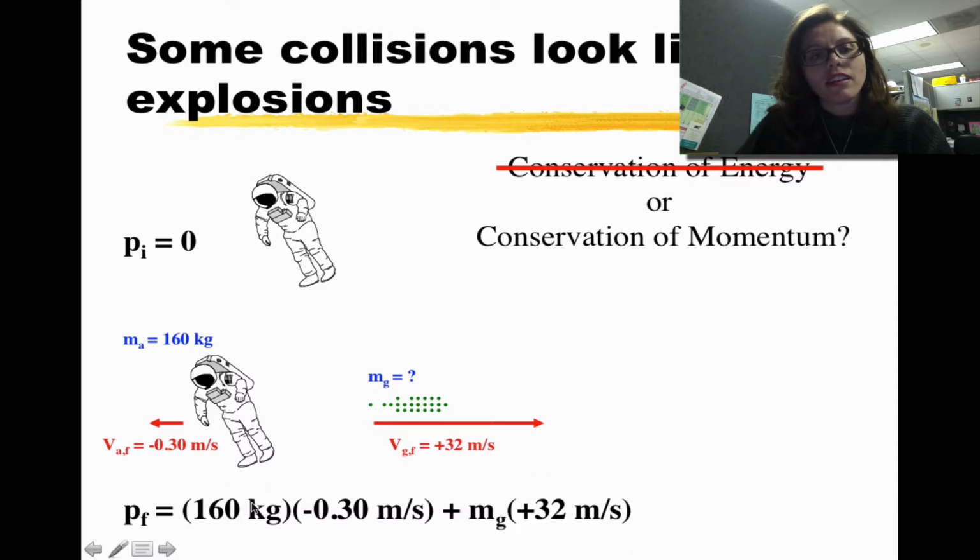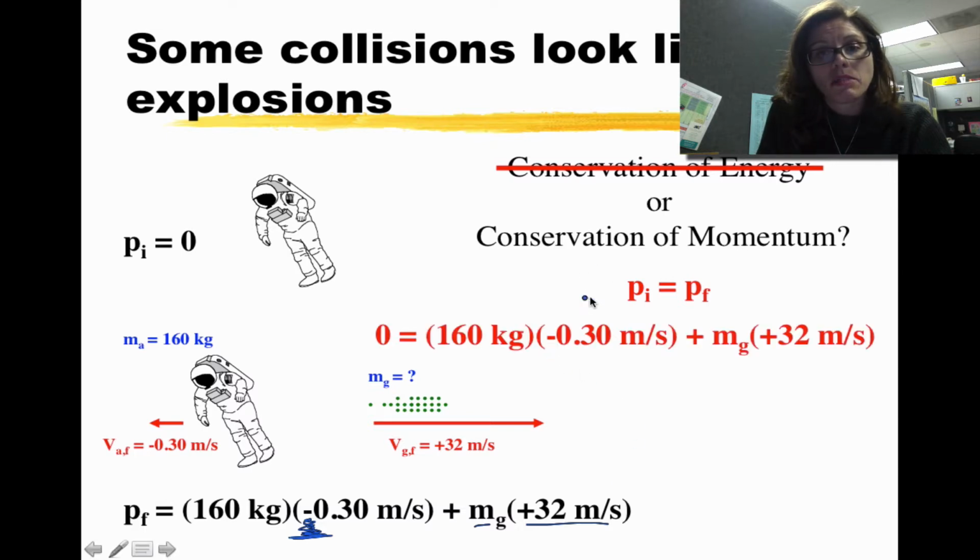P final is the mass of the astronaut times the velocity of the astronaut. Now notice this is a vector, so we must include the negative. The negative tells us direction, and it's very important. Plus the mass of the gas times the velocity of the gas. So P initial equals P final, conservation of momentum right here.